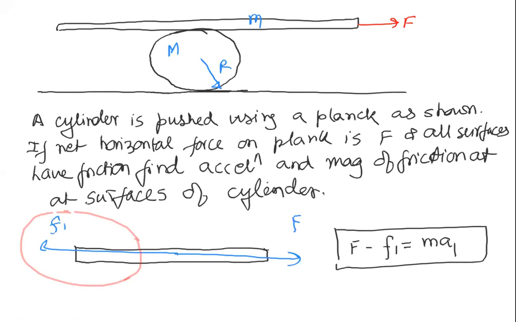The plank would accelerate with bigger acceleration as compared to the force required. So if the friction applied by the top surface of the cylinder is in the backward direction, that means that the friction applied by the plank on the top surface of the cylinder must be less.